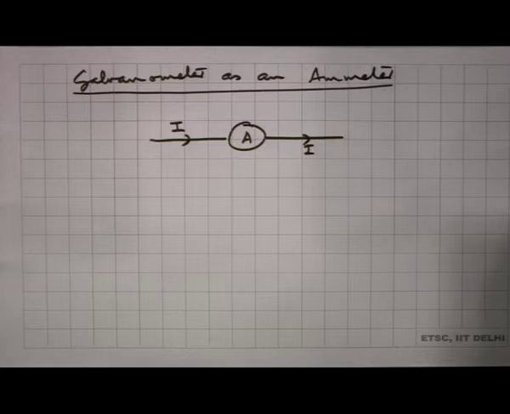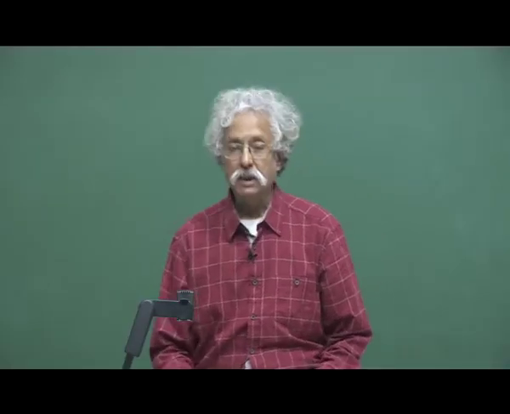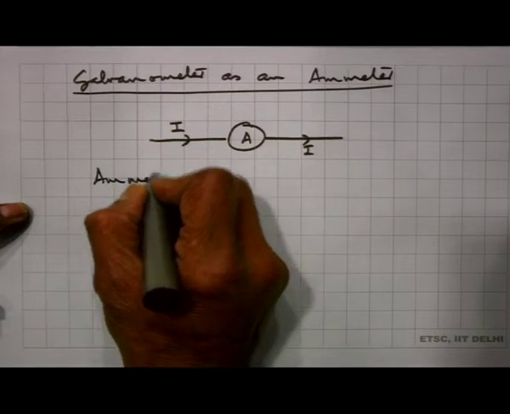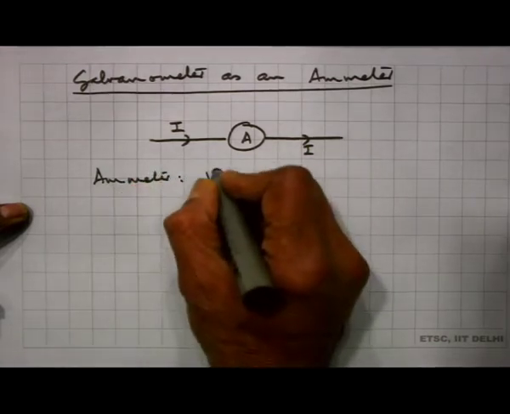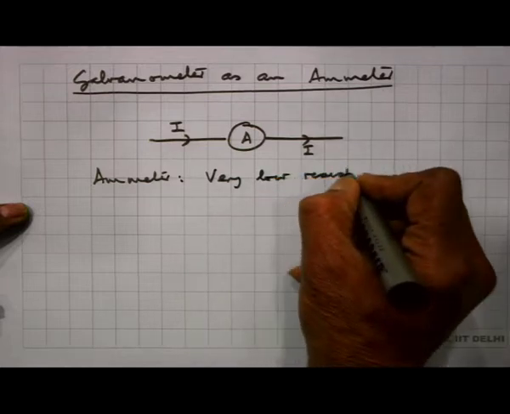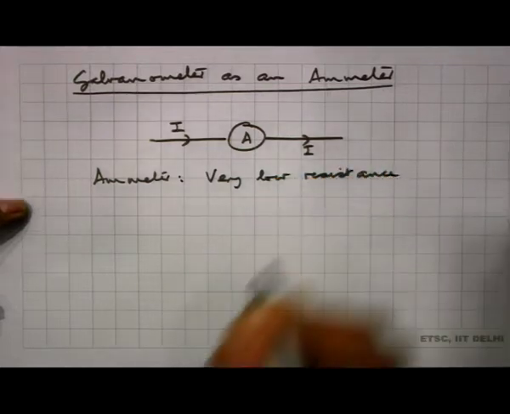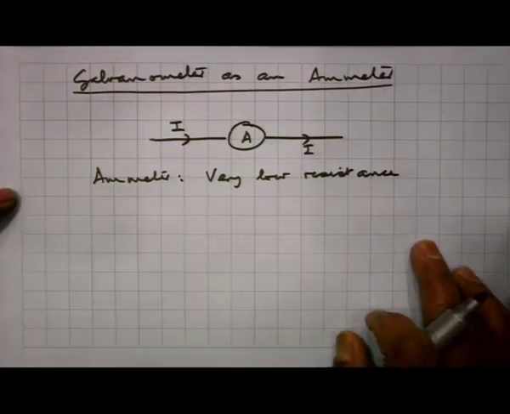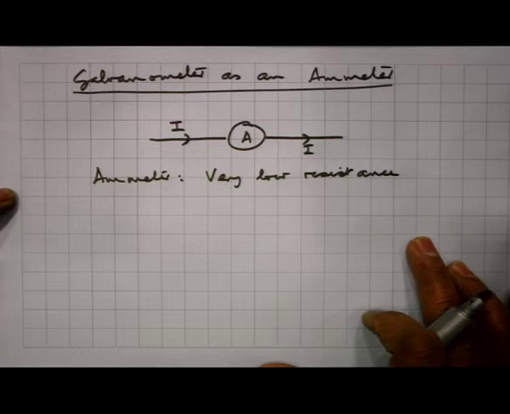My objective is to measure the current I passing through the circuit, and so I must ensure that the ammeter which I connect must have very low resistance. In fact, in principle I should have an ammeter with 0 resistance. So, here 0 would imply essentially a very small resistance.